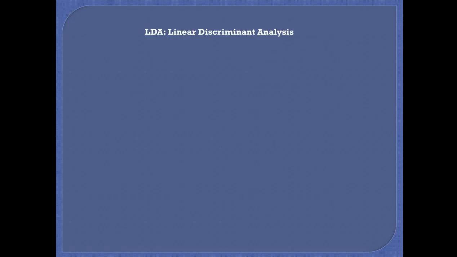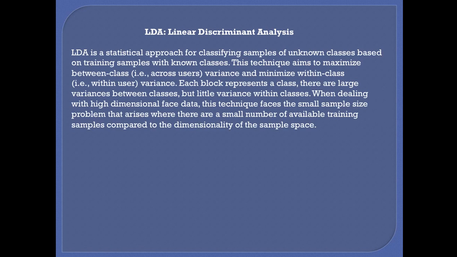So the LDA, the linear discriminant analysis. This was more of a statistical approach for classifying unknown classes based on samples with known classes. Basically, it would minimize the variation within the classes of each block, and it would deal with highly dimensional face data against other blocks of images.